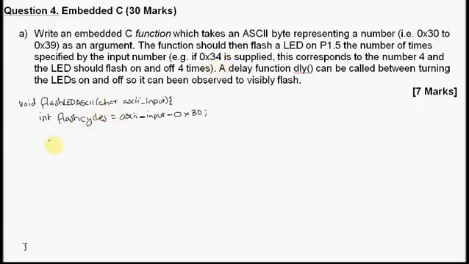So we've done that. Now we can use a basic for loop or a while loop or something like that. So we'll just declare a for loop. For i is equal to 0, i is less than flash_cycles, i plus plus.